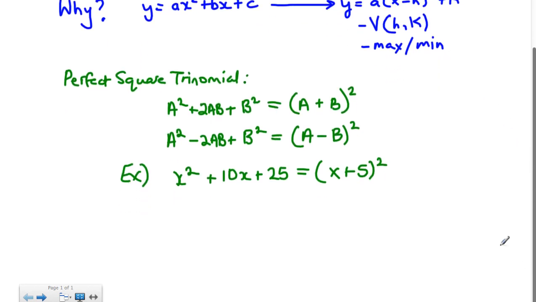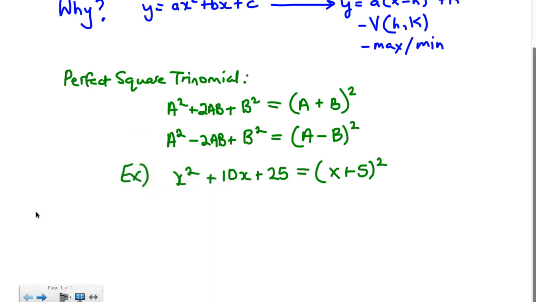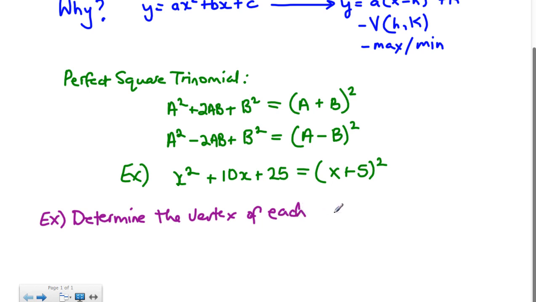All right, so let's take a look at that again. Let me get a new pen here. Okay, so you might be asked a question something like this. Determine the vertex of, and we'll say each quadratic.